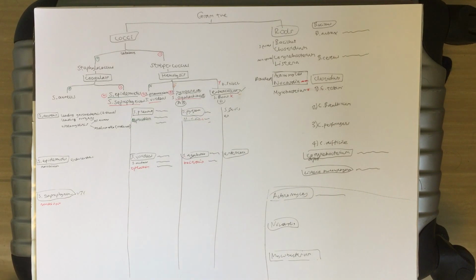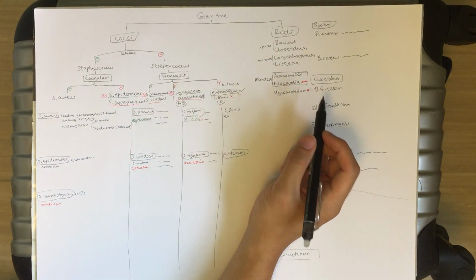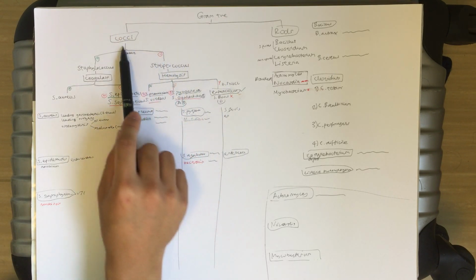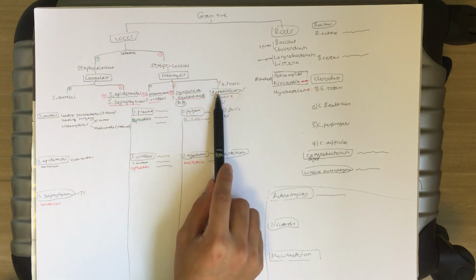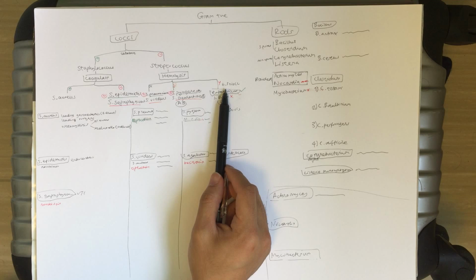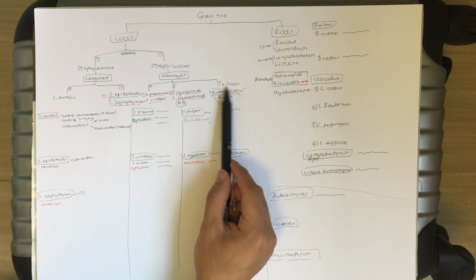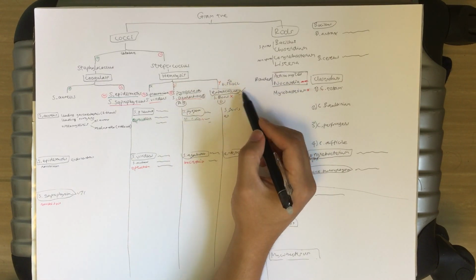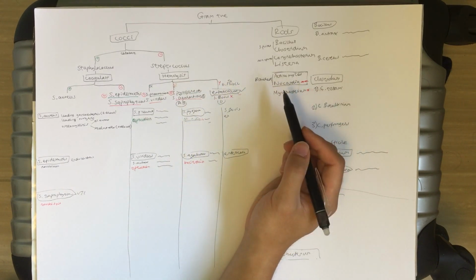And that's how you differentiate between these two. So again, gram-positive cocci, catalase negative, and gamma hemolysis. Then you can use 6.5% salt, and if it grows, then it's probably enterococcus.